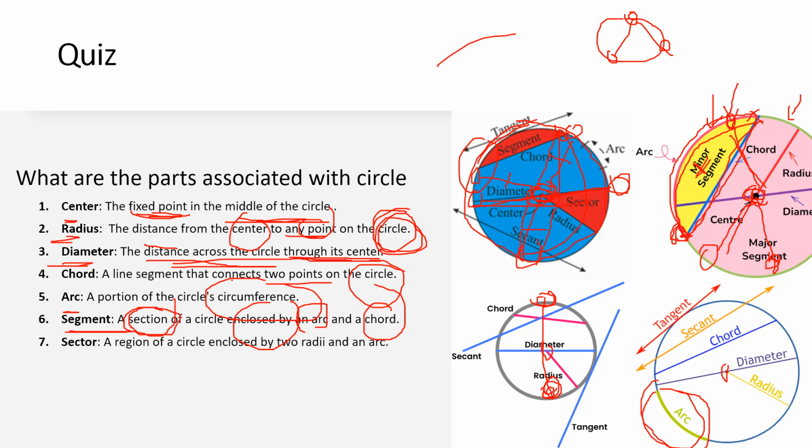Okay. Again, we have a sector also. What is a sector? It's again a region, a section of a circle, or a part of a circle. It is a region of a circle enclosed by two radii, two radius lines, and an arc. Look at this diagram here, this portion. This is from the center.